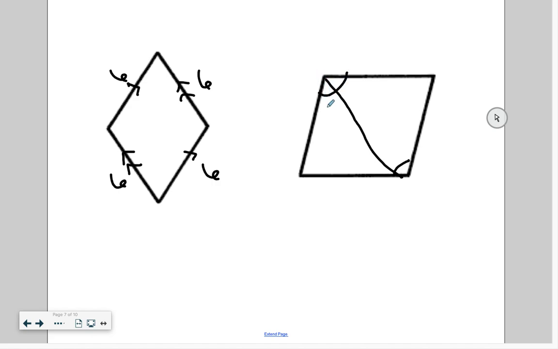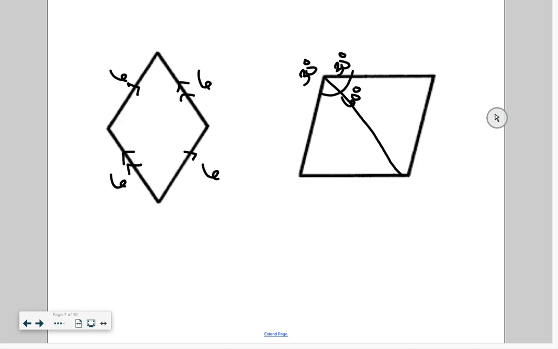So if this angle is 60 degrees, and I draw that diagonal, each of these individual pieces is 30 degrees, because 60 divided by 2 is 30.